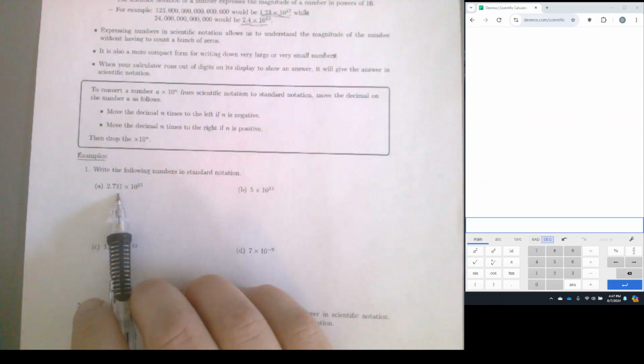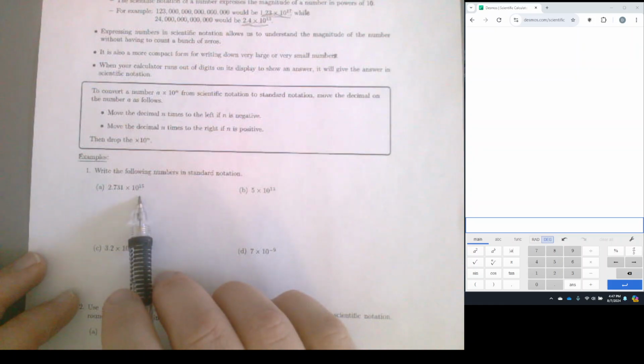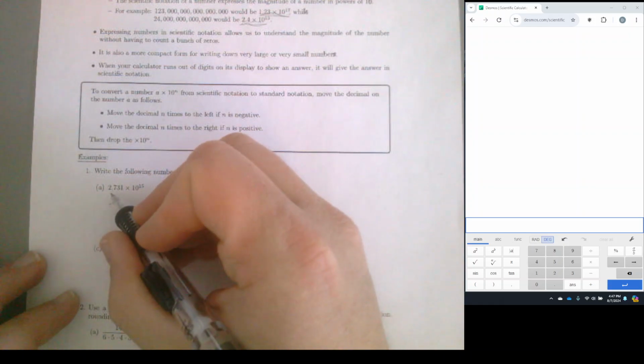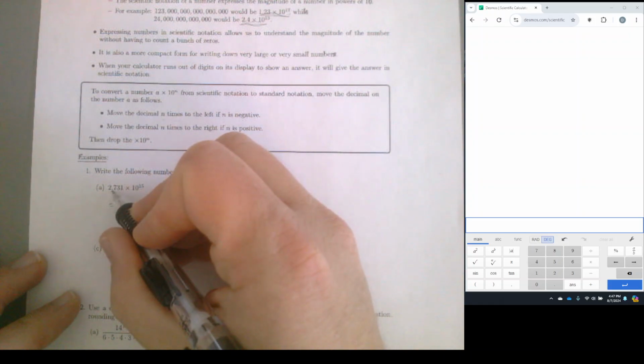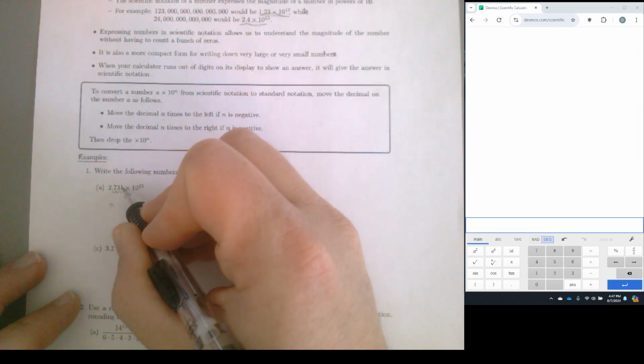If you typed some big thing into your calculator and you got 2.731 times 10 to the 15th power, that's the scientific notation of the number. If you wanted the standard notation, then we would take this decimal point and move it 15 times to the right. So we move it 1, 2, 3, and the decimal point would end up there.